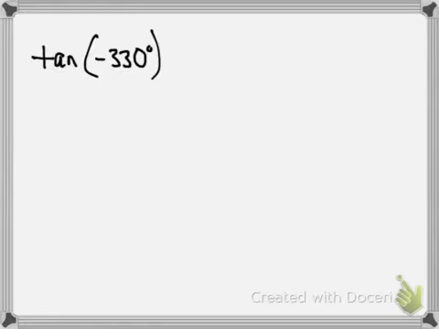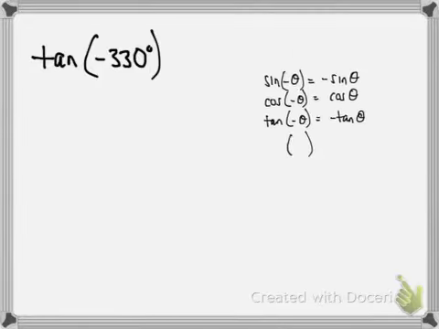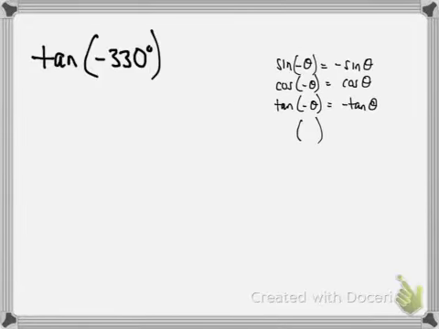It's tan negative 330, and if we just paste in our rules here, so we've got them handy. Okay, tan negative 330. 330, we'll deal with in a moment, but we use the rule first up that says tan of negative theta equals negative tan theta, so that's going to equal negative tan 330 degrees.